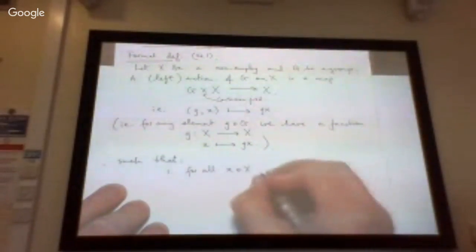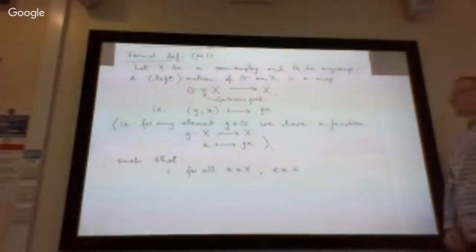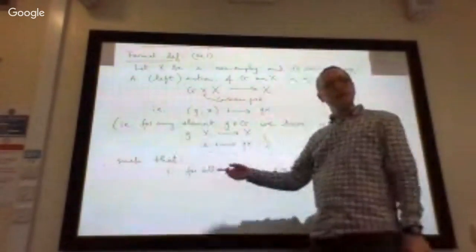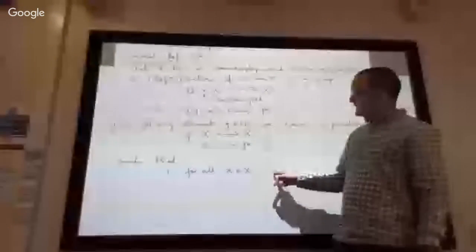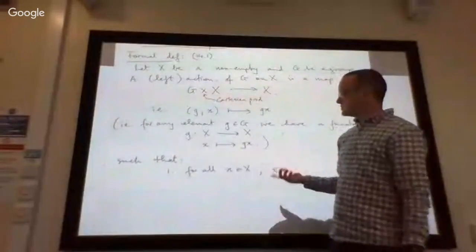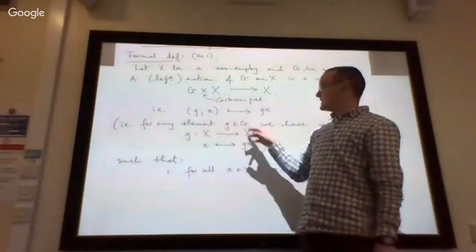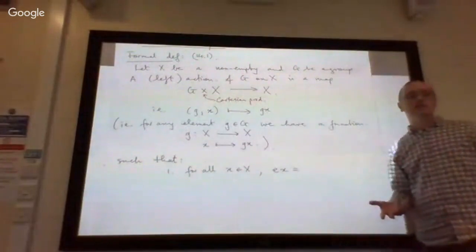The identity element is special. So it's not surprising to think about the function that's associated to the identity element. So this is the identity element E. Remember that's an element of the group G. So we want to speak about some function from the set X to itself that's naturally associated to the identity element.